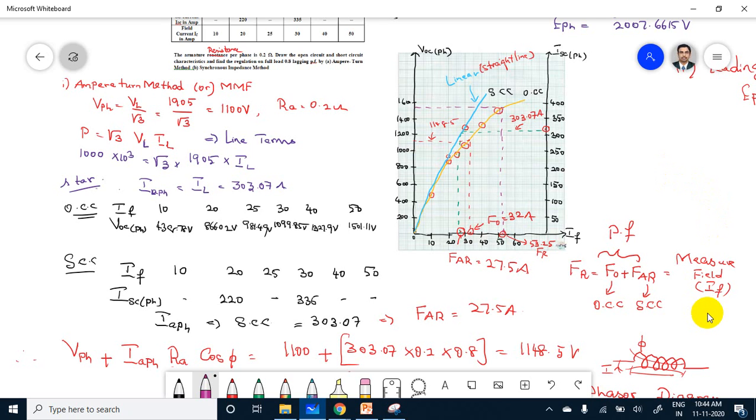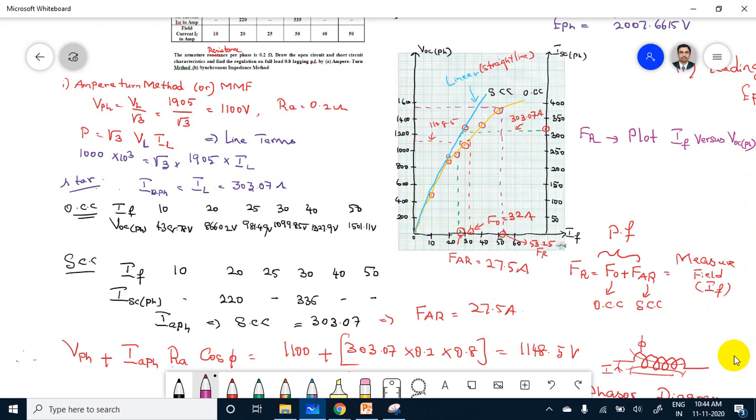We have to plot field current IF versus VOC, VOC per phase. Do you understand or not?